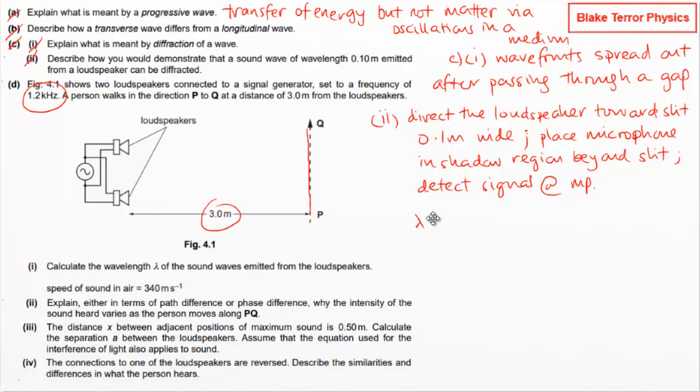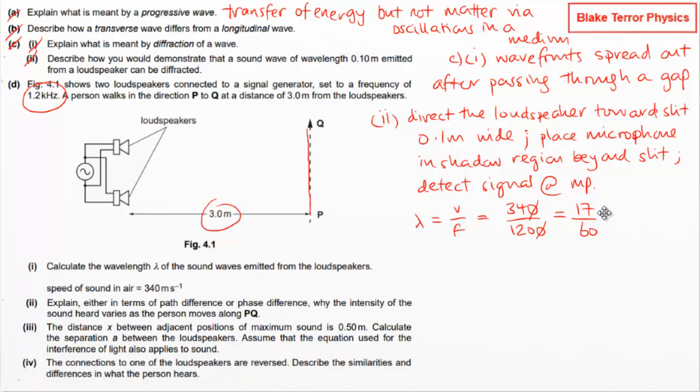So wavelength is our velocity divided by our frequency. So that is, what did they give us? 340 meters per second, and the frequency is 1200. So we can cancel a couple of zeros. We can say that is 17 over 60. So we'd have to multiply 17 by 1 2/3.